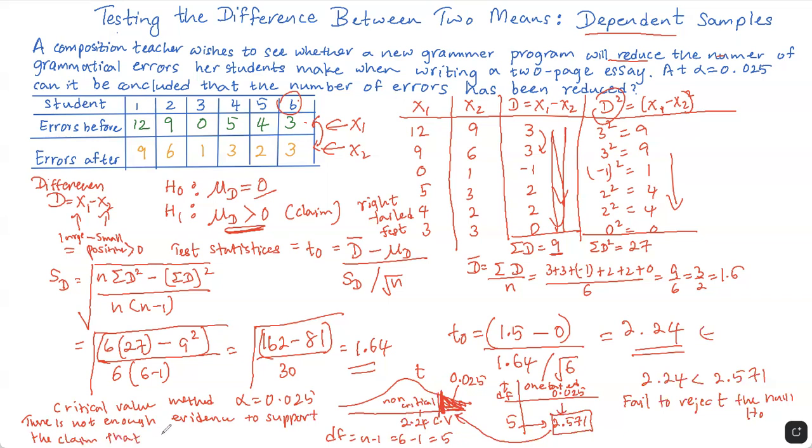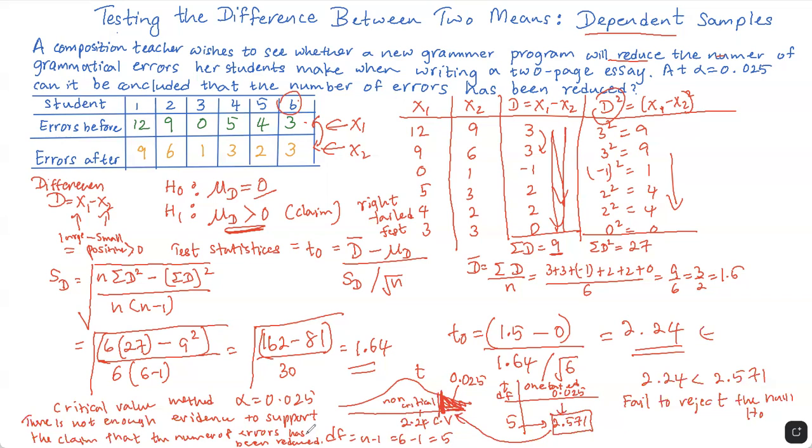The claim that the number of errors has been reduced. So there is not enough evidence to support the claim that the number of errors has been reduced. Right? So that's the conclusion of this test.